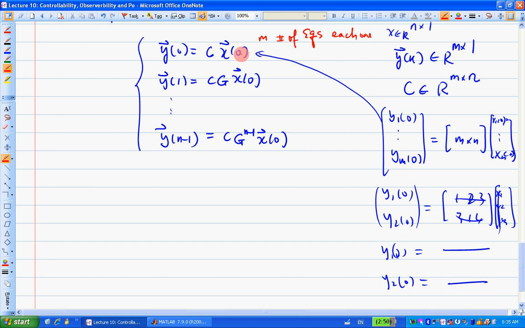Then in total, how many equations do we have here? From 0 to n minus 1, how many did I list here? There are n numbers listed here, right? Each one of them has m equations. Then in total there are n times m equations.